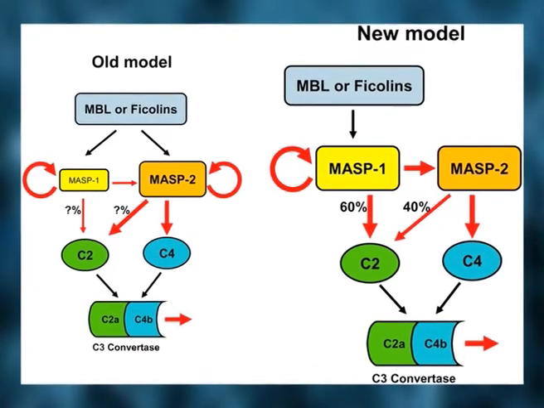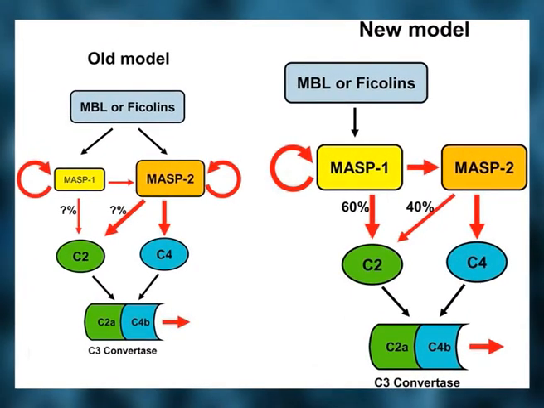This complex, which is classical C3 convertase, gets deposited on the surface of the microorganism. Thus, the lectin pathway activates complement almost the same way as the classical pathway. It is considered another important arm of the innate defense mechanism, as C3 convertase is formed without the need for a specific antigen-antibody complex.